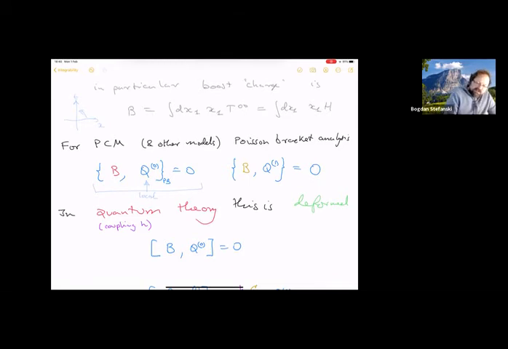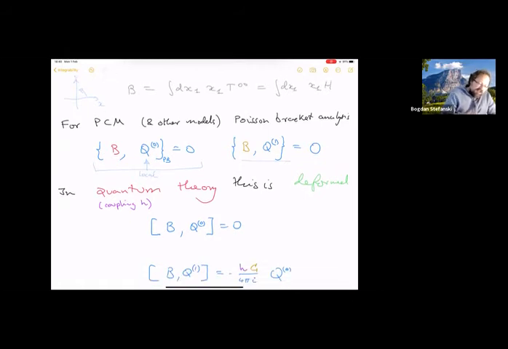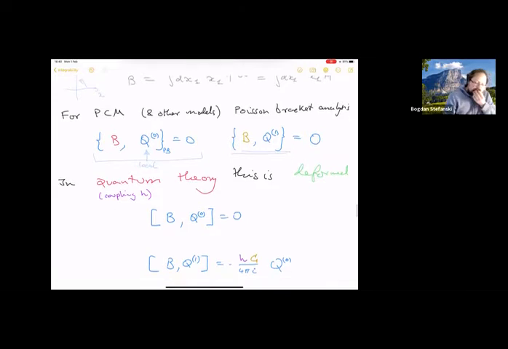And similarly, you can show that the higher charges also Poisson commute. This is a hardcore calculation of working out all the Poisson brackets and figuring out how that goes through, but it does. So people worked hard, and they showed that the boost also Poisson commutes with, for example, the first non-local charge.